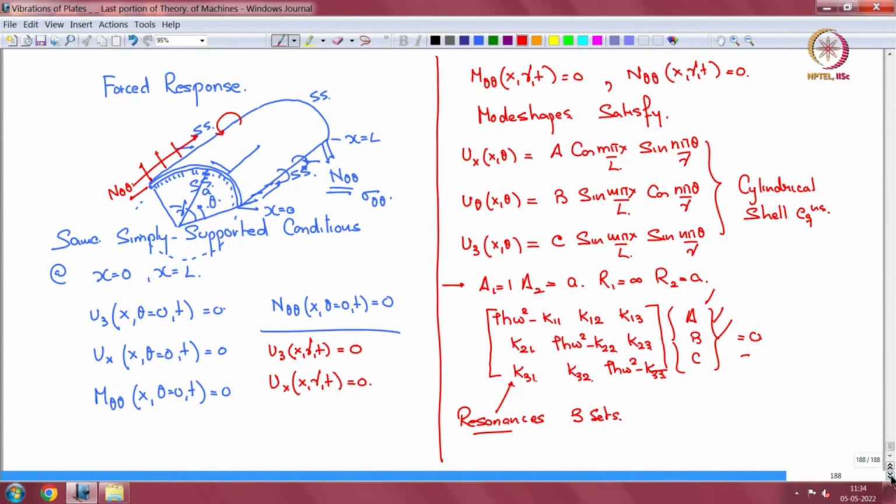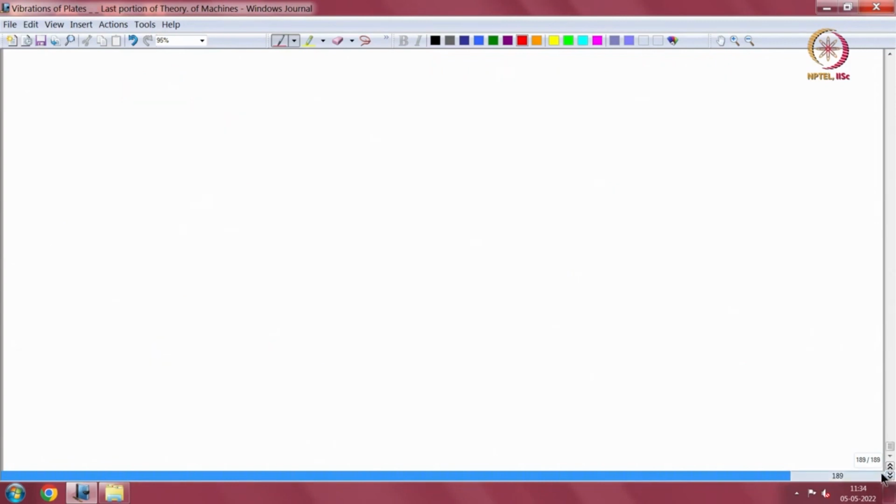Now just some listing of expressions. K11 is equal to K times m pi by L whole squared plus 1 minus mu by 2 times n pi by a gamma whole squared.